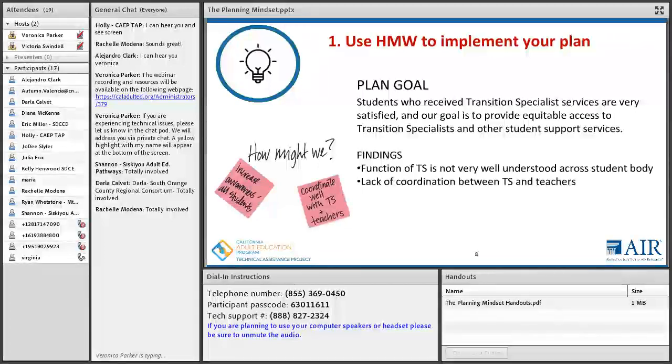Generally speaking, plans have goals that are pretty high level, and I've looked at a couple of the draft plans that had actual work plans and more specific strategies underneath them.